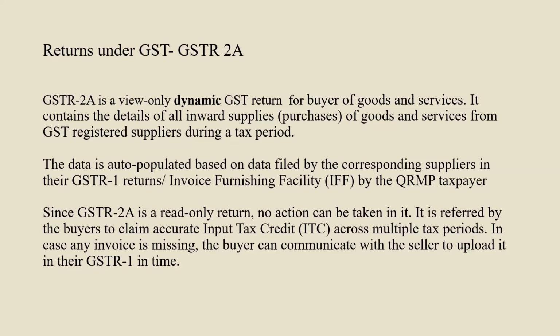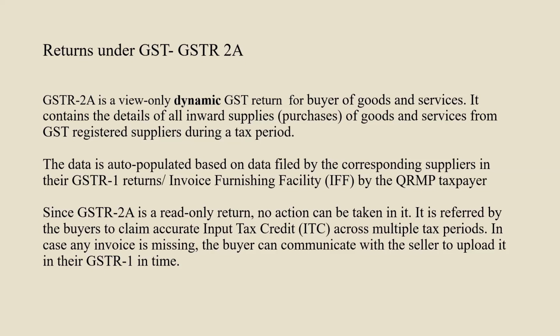Now 2A is a dynamic return. So as I keep purchasing, I will keep on seeing it, because dynamic means it will keep changing over a period of time. As I am buying, I will be able to see how much tax I have paid, because when I am a buyer, I am paying GST. Now 2A and 2B are both view only, but there is a difference between 2A and 2B. 2A is dynamic.